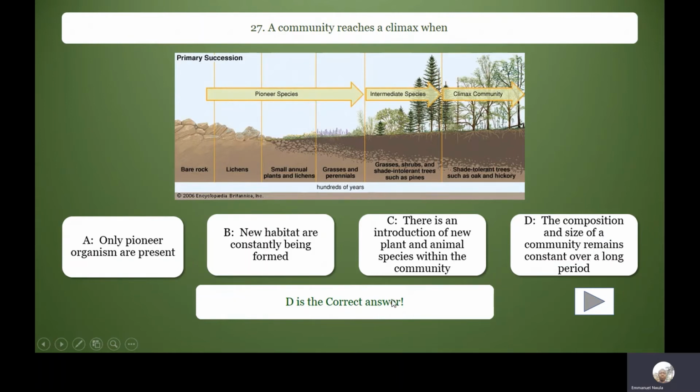The answer is D. In ecological succession, where there is an orderly change from one community to another, until you have a stable community where the number and type of organisms are the same year to year, you say the community has reached a climax.